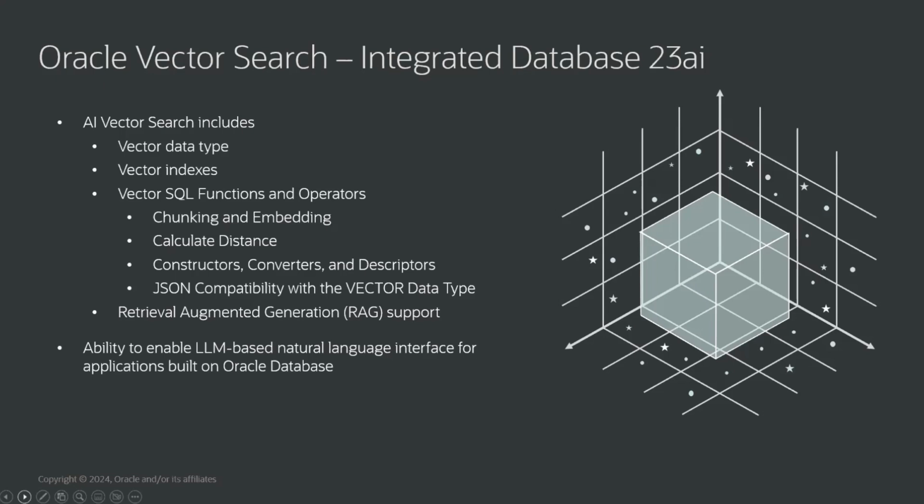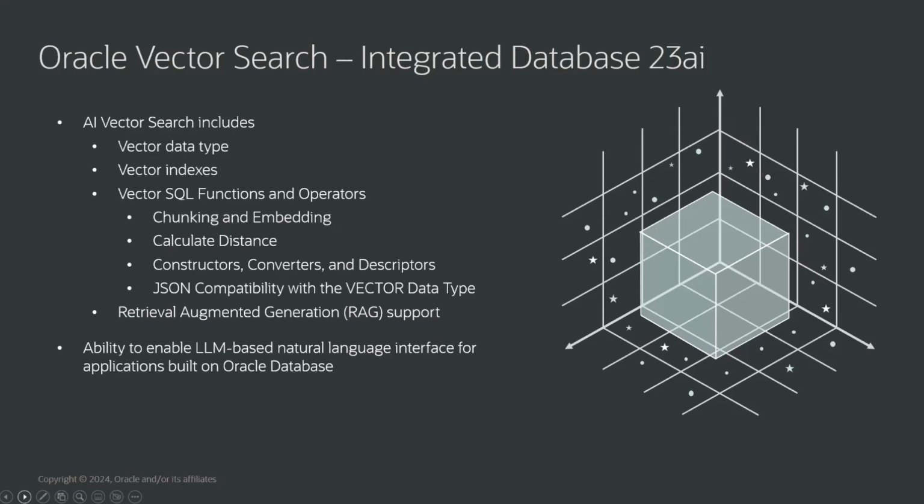And then you take those chunks and you create vectorization or embeddings. There's SQL statements for that. We have SQL statements that then allow you to query the vector information to find distances. You want to find data that's similar to what you have. We do that based on a distance calculation. And then we also support JSON compatibility with the vector data type.